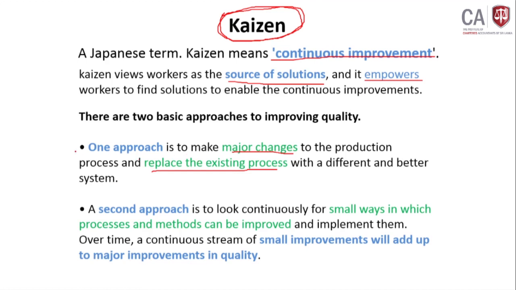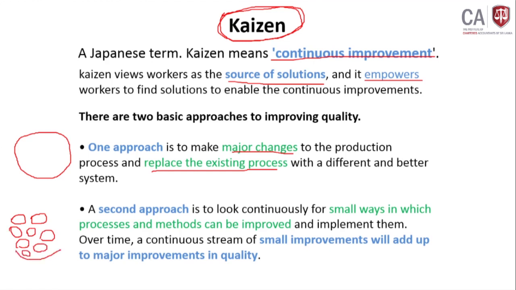One is, as a whole, he is going to do all the changes and replace. Or else, he will do small processes and make little improvements, and those little improvements are the continuous improvement.